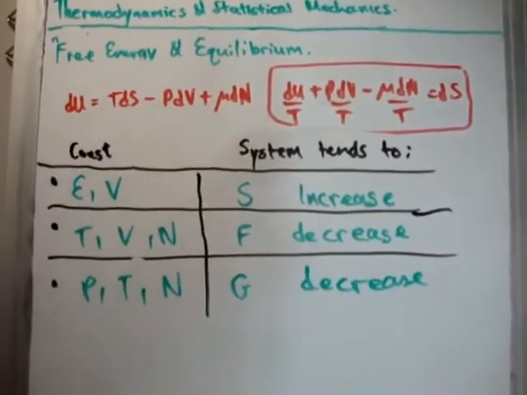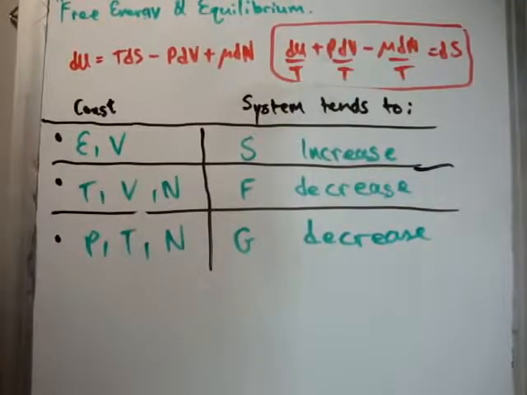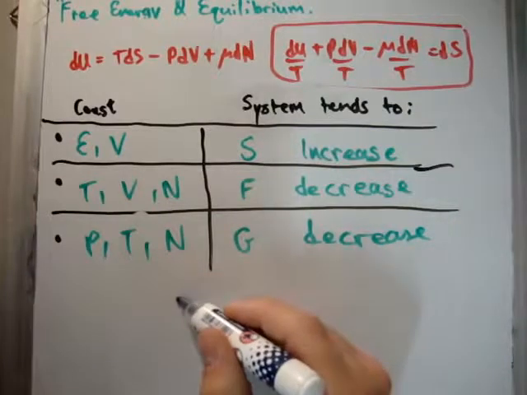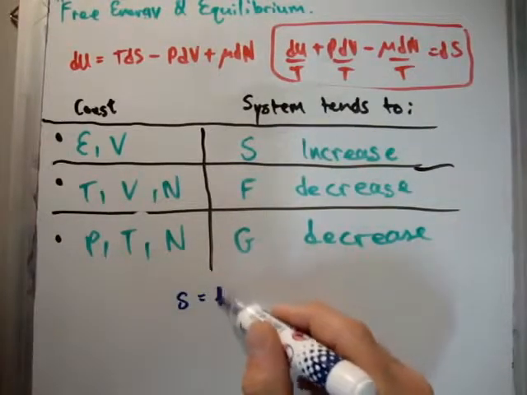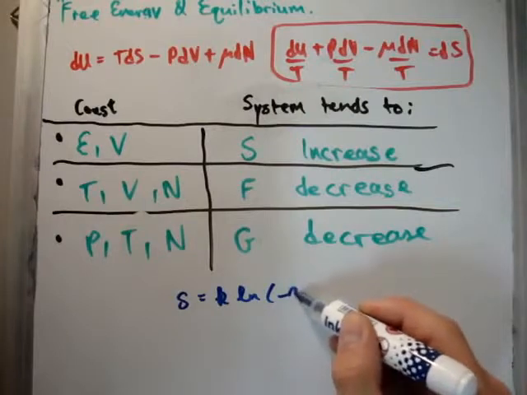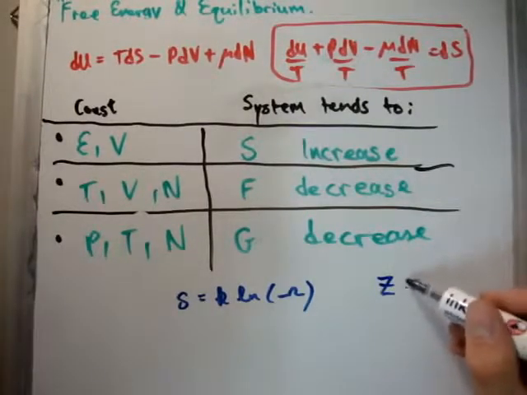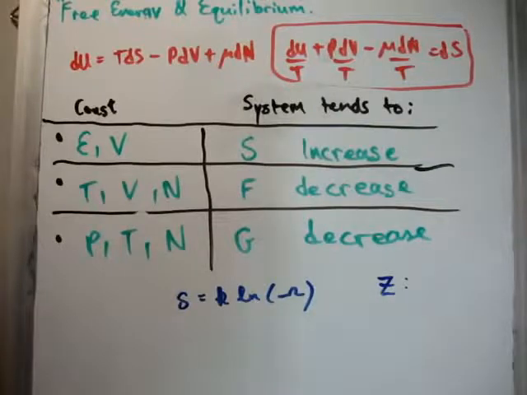Now why is this important? The reason is, and this is a big jump now, we know at the moment that the entropy is equal to k times the natural logarithm of the multiplicity. When we start doing quantum statistics, we'll find that the partition function Z is very important. I won't really discuss what it means yet.